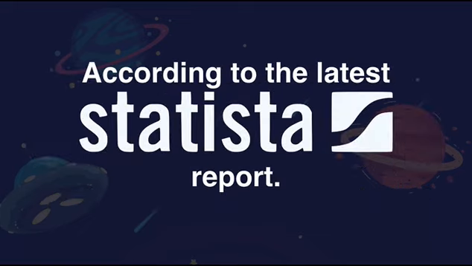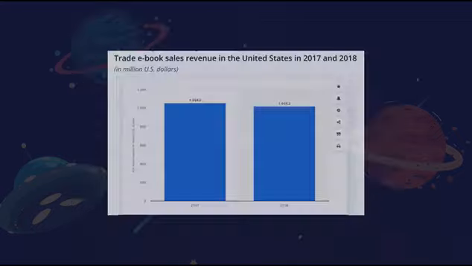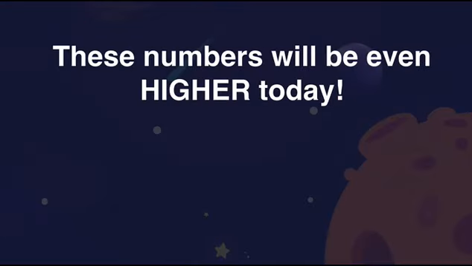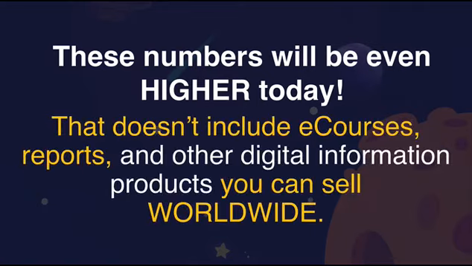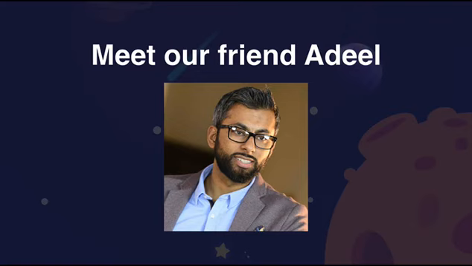According to the latest Statista report, over 266 million ebooks are sold in the USA per year. That amounts to over $1 billion in sales. Just in the USA, just for ebooks alone. This number will be even higher today. That doesn't include e-courses, reports, and other digital information products that you can sell worldwide. You can easily cut yourself a slice of this multi-billion-dollar pie, and this is exactly how you do it. Meet our friend Adil. He created this.